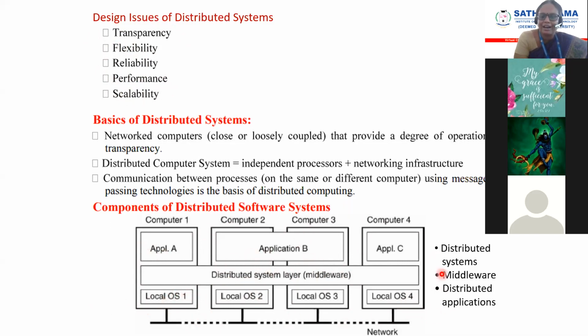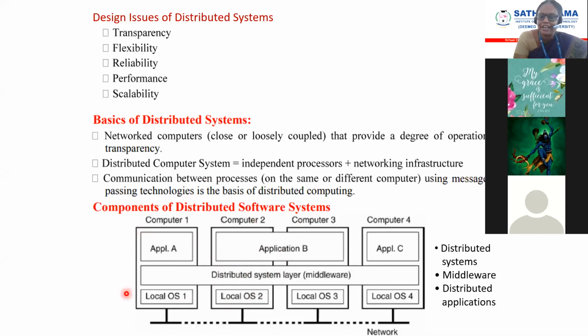I think we can explain this with the ATM. There are different ATM machines: some of them draw cash, some of them take cash, some of them show the balance. So depending upon the application, there will be a middleware system to communicate between these.